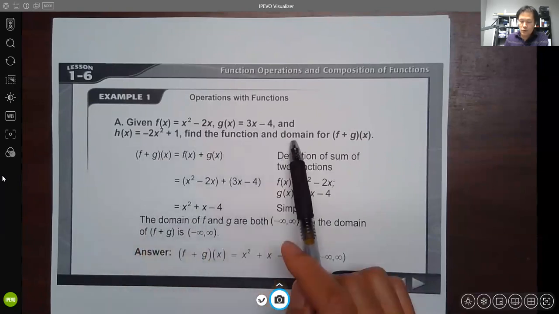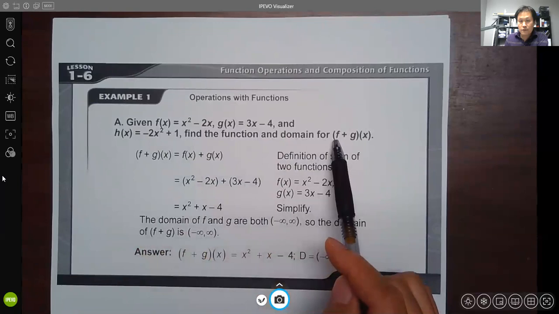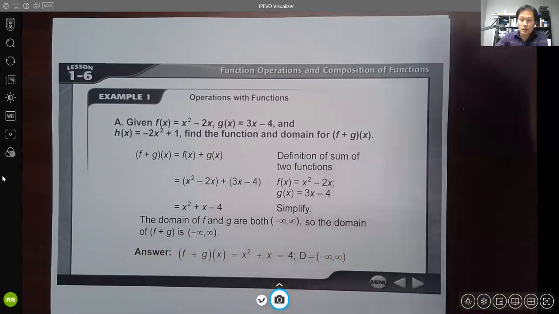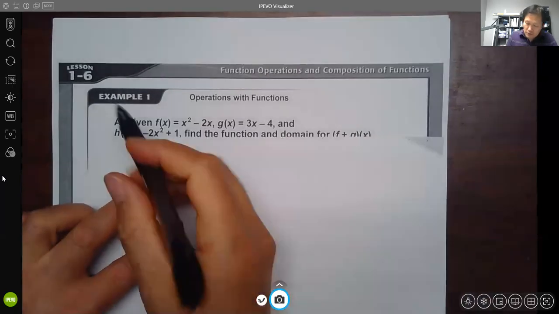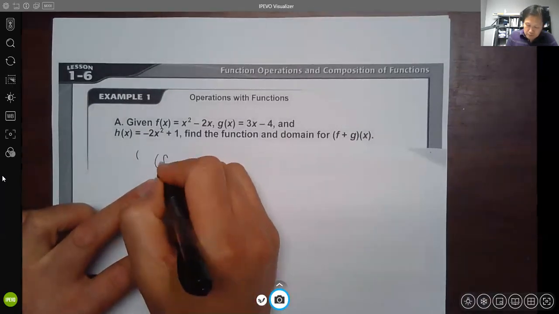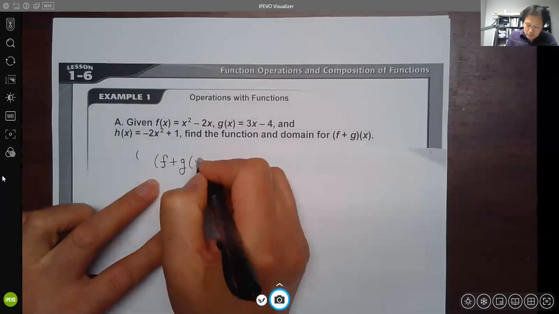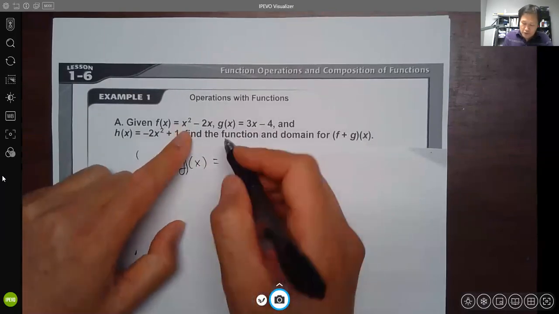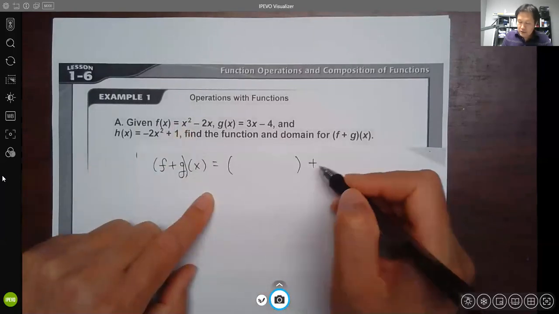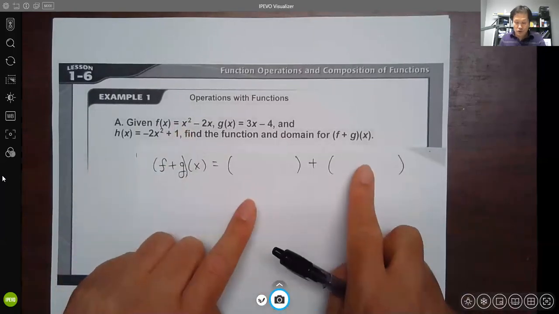the function and the domain for f plus g. So f plus g, very simple. Where's f? f is right here. Plus g. Where's the g? Just plug it in here.